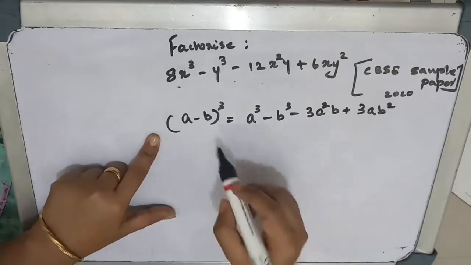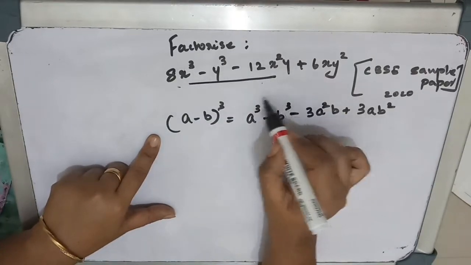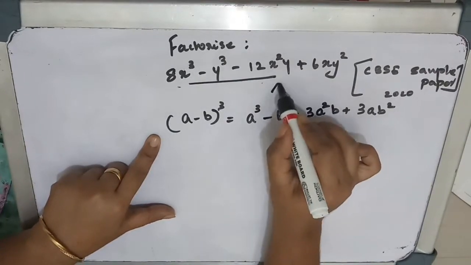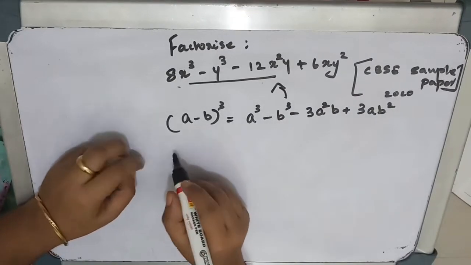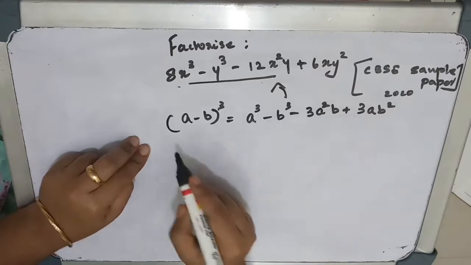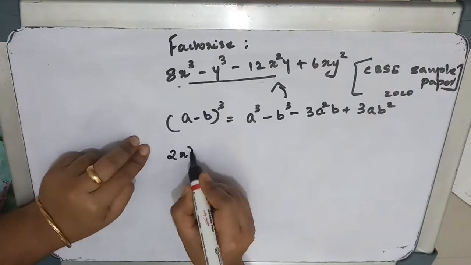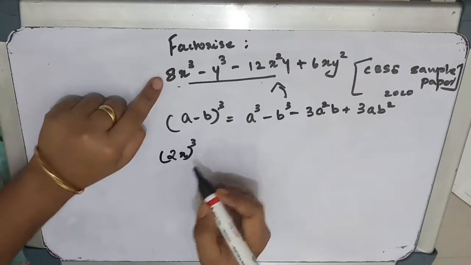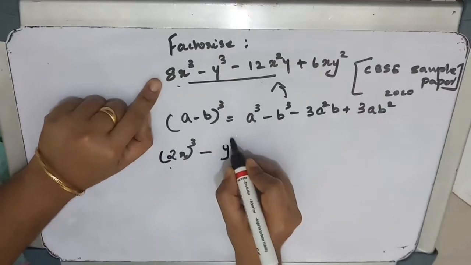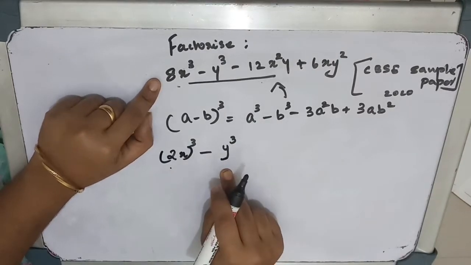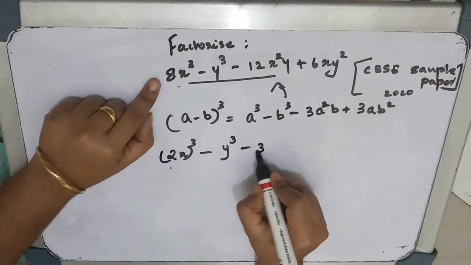We know that this polynomial is very similar to the expression of a minus b the whole cube. So let us try rewriting it in this form. A cube, that is 2x the whole cube. 8x cube is written as 2x the whole cube minus b cube. B here is y, minus 3a square b.